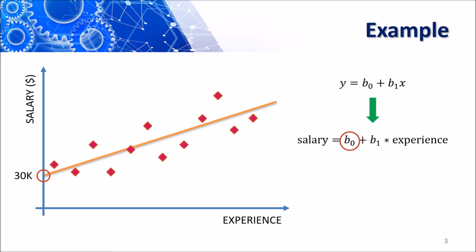Well, it means that when experience is 0, on the horizontal axis, in the formula on the right you can see that the second part, b1 times experience, becomes 0. So salary equals b0. That means that salary will equal $30,000 when a person has no experience.